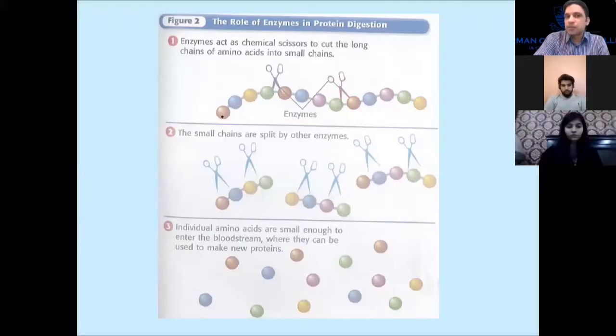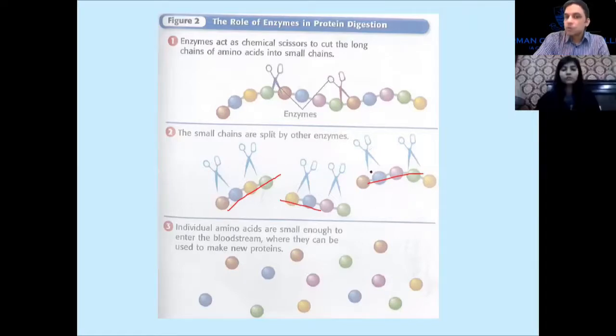For example, if this is a protein made up of so many amino acids, the enzyme will first break down those proteins into simpler fragments, which are called polypeptides. The further breakdown, or further digestion, will end up in amino acids. So this process is called digestion.